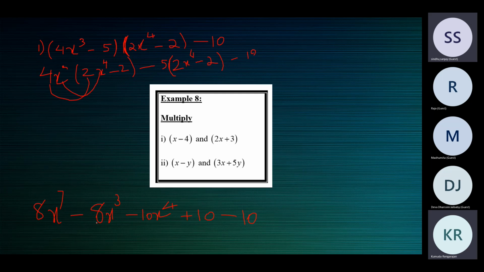Correct. Are these like terms? x power 7, x cube and 10x to the power 4? No, ma'am. What are the signs in the middle? Minus and minus. It's 8x to the power 7 minus 8x cubed minus 10x to the power 4.